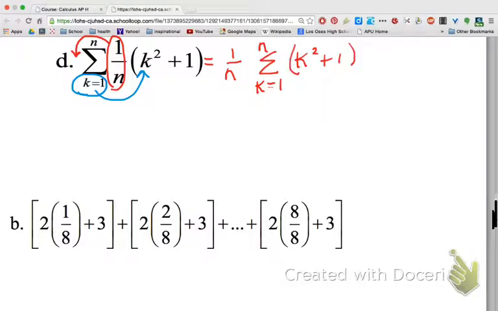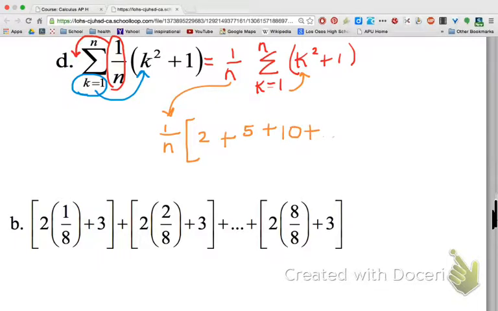Okay, so now if I plug in 1 first, this 1 over n is going to stay out in front. And then when I plug in 1, I'll have 1 squared plus 1, but that's 2. And then if I plug in 2, I'll have 2 squared plus 1, but that's 5. And then if I plug in 3, I'll have 3 squared, which is 9, plus 1 is 10.